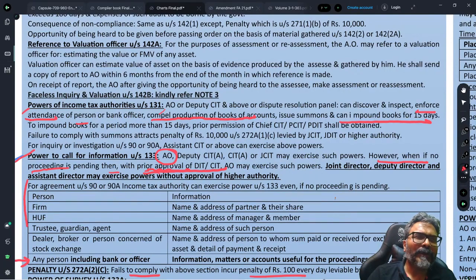The power to impound or seize the assets and valuables is only there in section 132. It is the provision of section 132 which empowers the authorities to seize the assets and valuables of the SSE apart from the books of accounts.